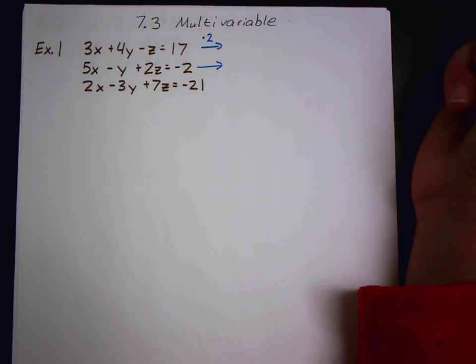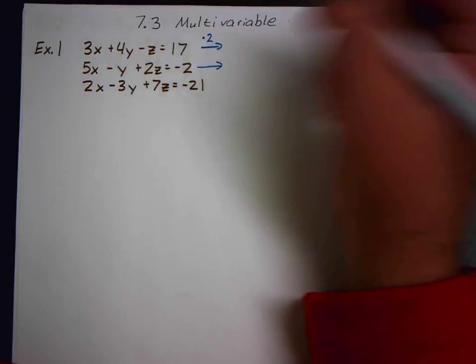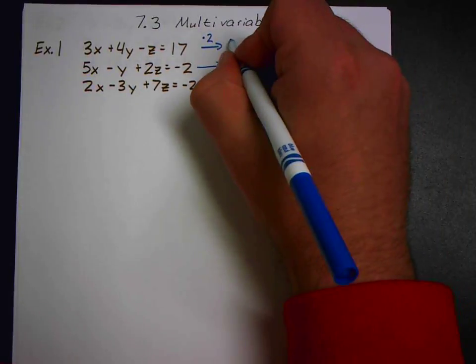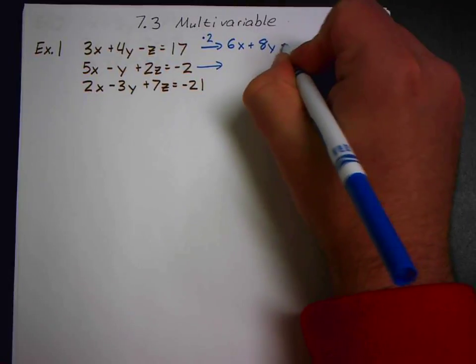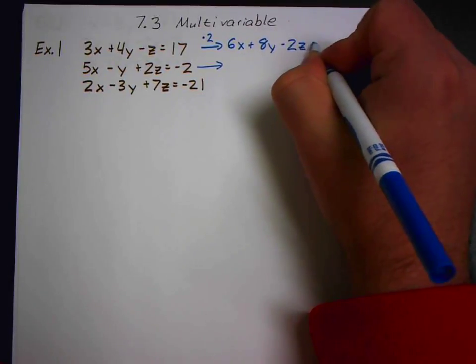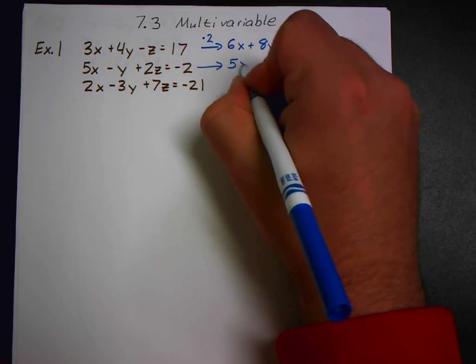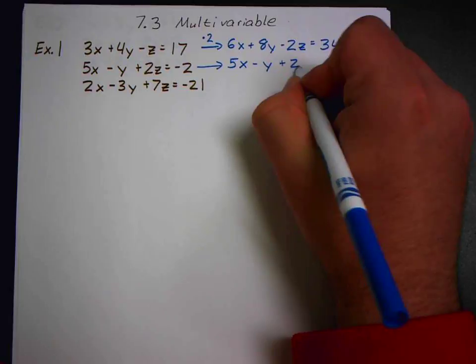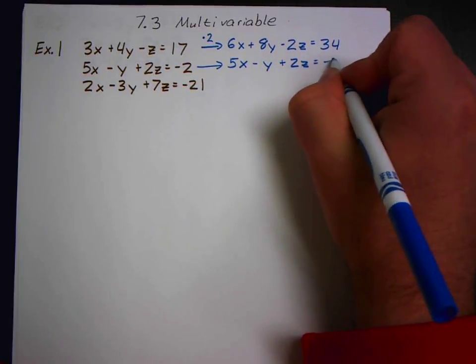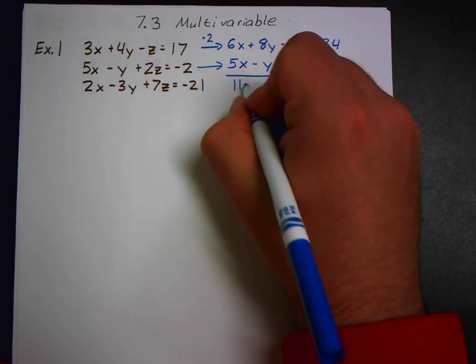All right, so I'm going to start by taking this top one by 2 because I want to get rid of z. So I add those together.